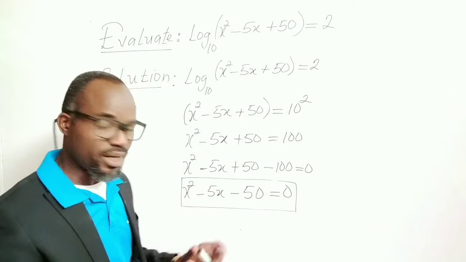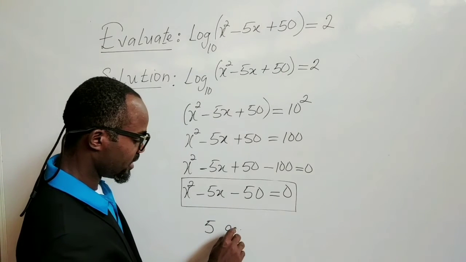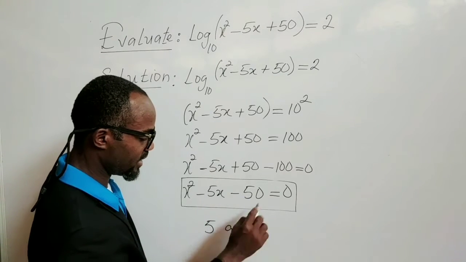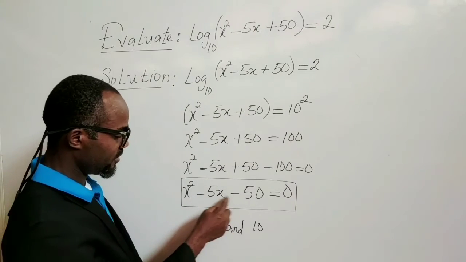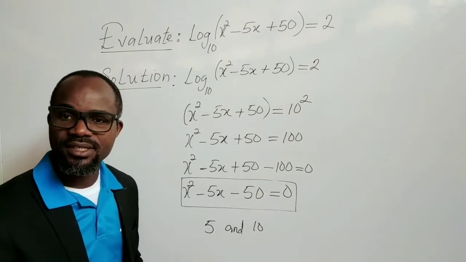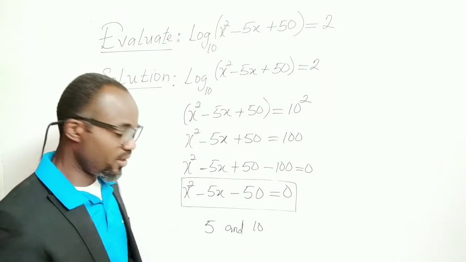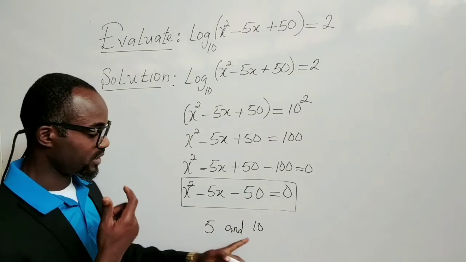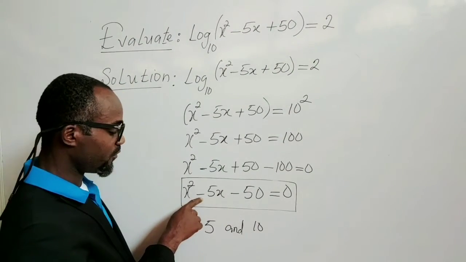And the two numbers are 5 and 10. We check the signs. If we assign minus 5 plus 10, it's going to be positive 5x.